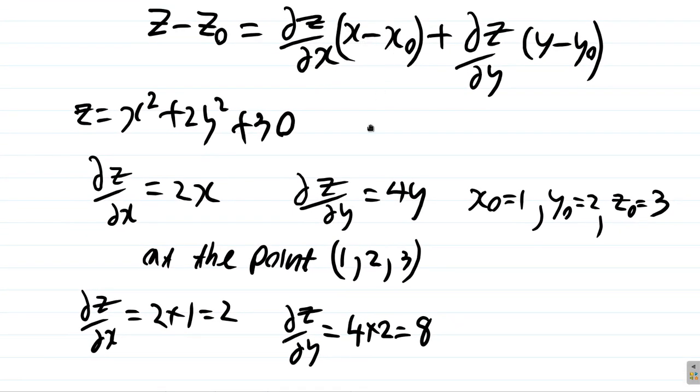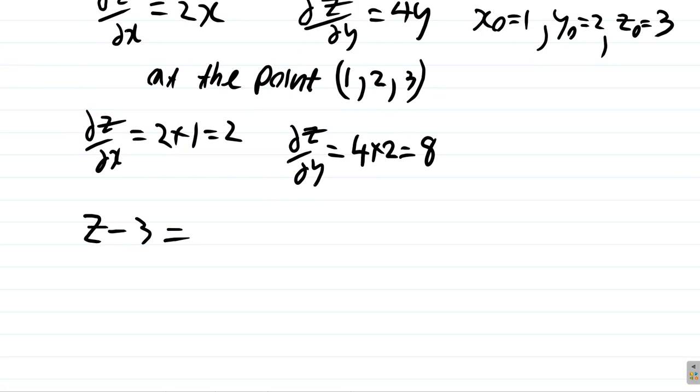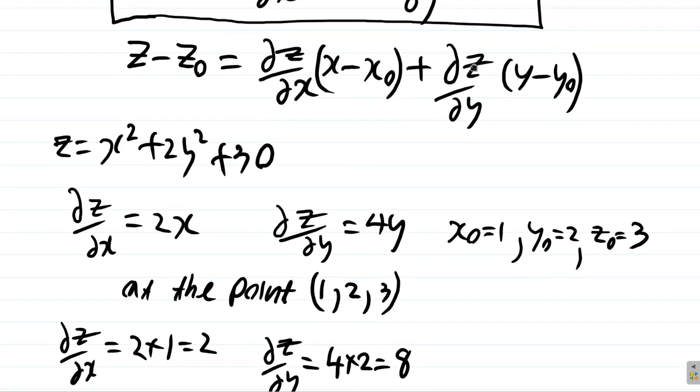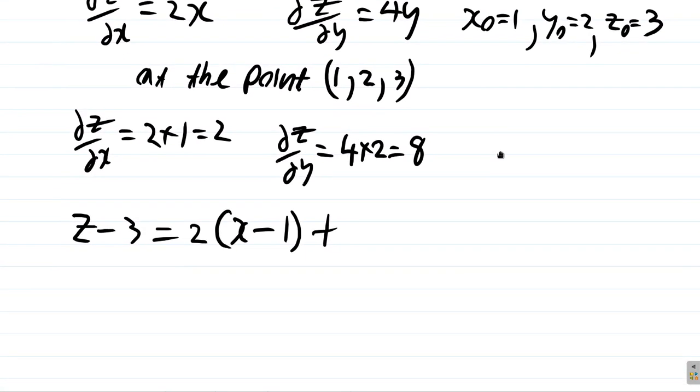Delta z by delta x is 2, times x minus x naught, which is 1, plus delta z by delta y times y minus y naught. So it happens to be 8 times y minus y naught, but y naught is 2. So there you have that. After that you simplify and so on and so forth.